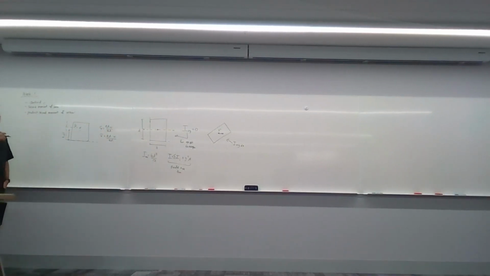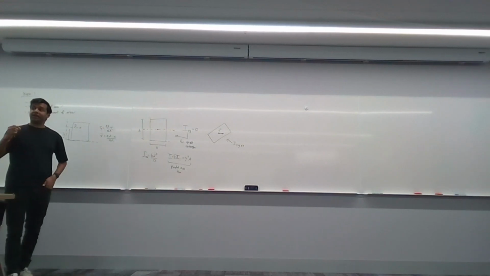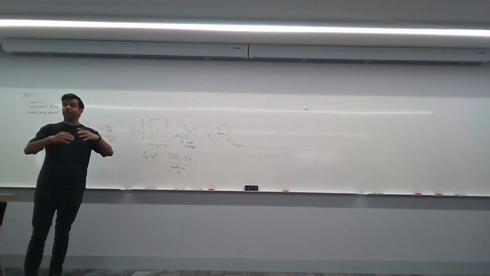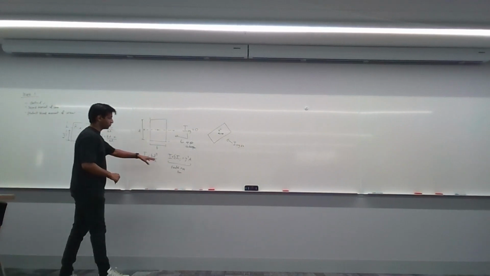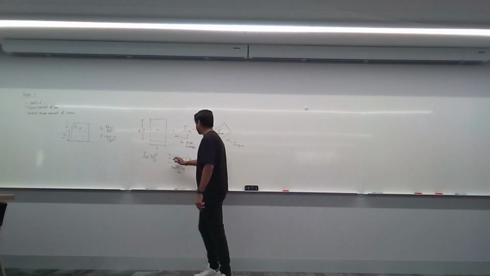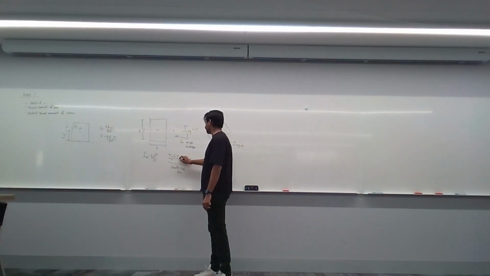Now, by the way, if you wanted to calculate the product second moment of area for a composite shape, we can also write the parallel axis theorem. So this is the Ixx parallel axis theorem.